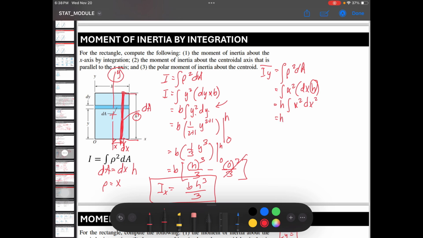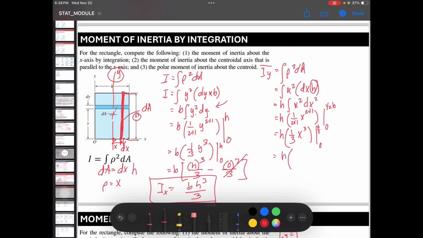So, let's integrate. X squared, add 1 to the exponent, and then divide by the new exponent. And then, what are our limits? Our limits will be from here up to just half of b. 0 to 1/2 of b. So, let's simplify. And then 1/3 of x cube, evaluated from 0 to half of b.